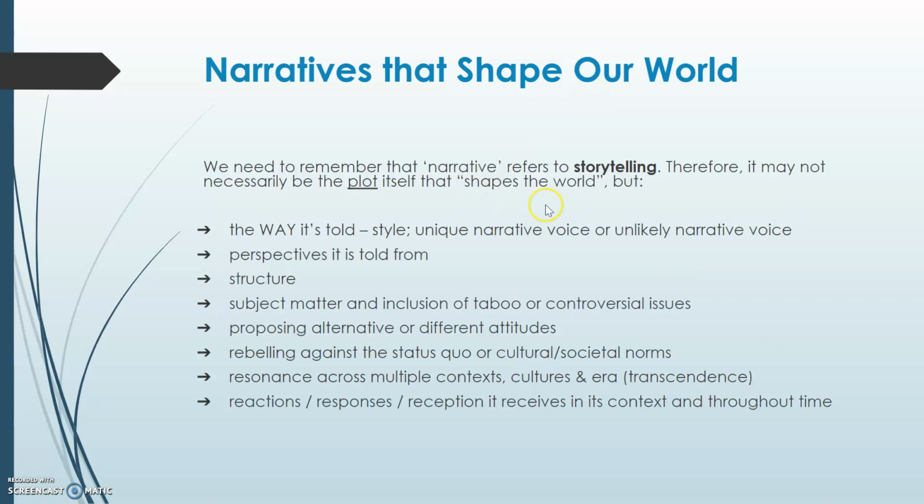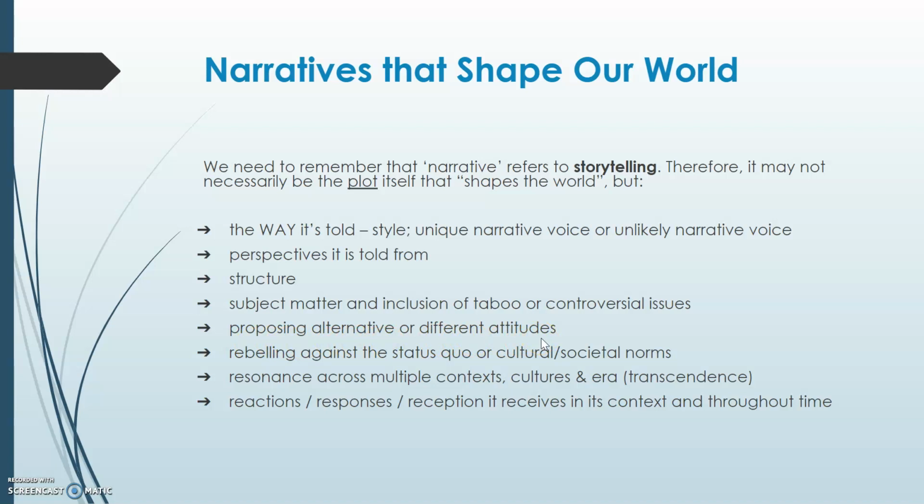So we need to remember that narrative refers to storytelling. Therefore, it may not necessarily be the plot itself that shapes the world, but the way it's told, the perspective the narrative is told from, its structure, the subject matter and perhaps inclusion of taboo or controversial issues, how it proposes alternative or different attitudes.